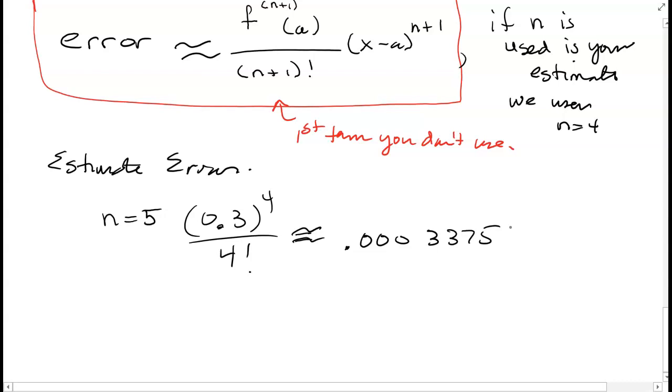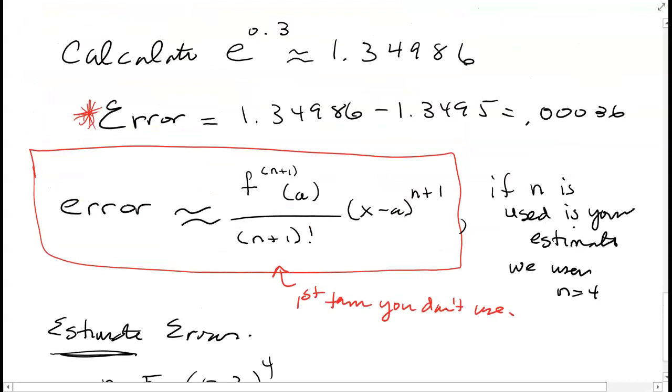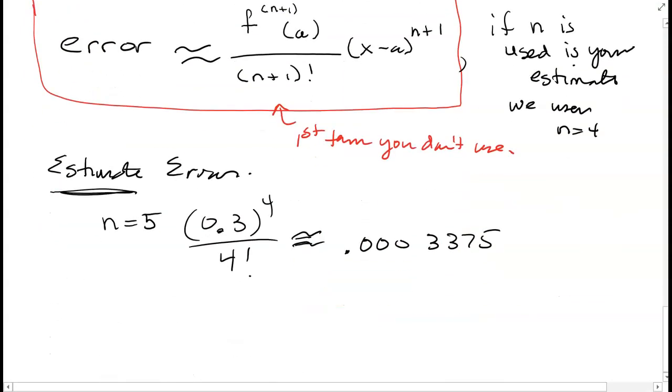Again, this is just an estimate of our error. We stated, because we put it into a calculator, it is 0.00036. We're at 0.00034. So we're close. It's, again, just an estimate of your error. You can get that estimate by calculating the next term.